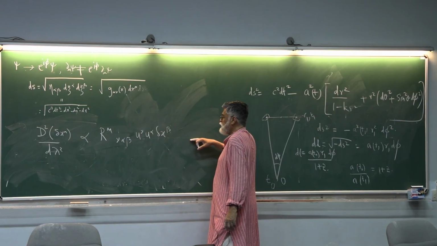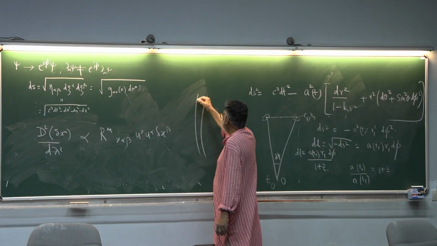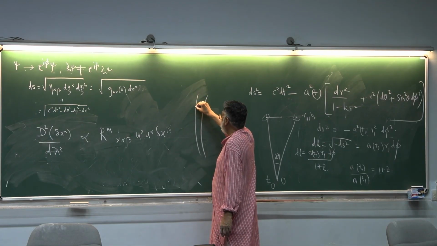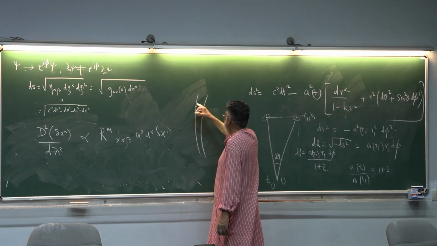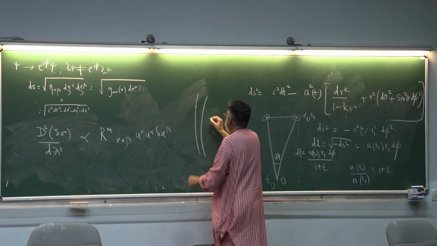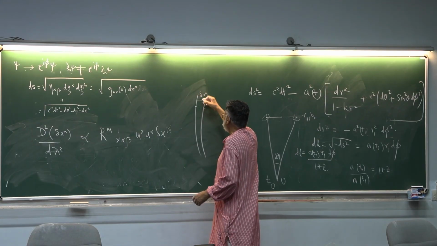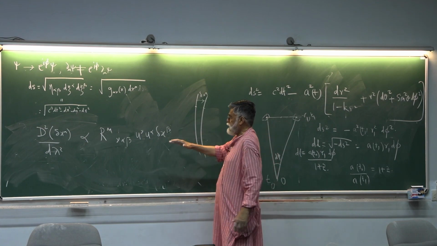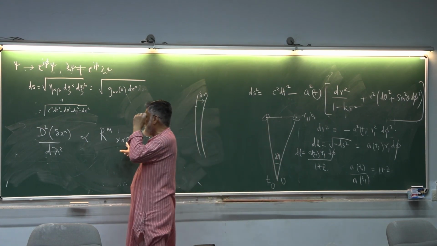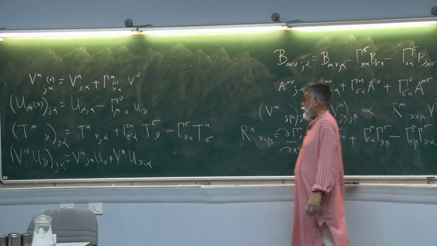And this is the geodesic deviation equation, which tells me that if this is a geodesic whose 4 velocity is u, and this is another geodesic with 4 velocity, they are separated by an amount delta x mu. Then this separation evolves as you freely fall according to this equation. And this is exactly the Riemann curvature tensor.